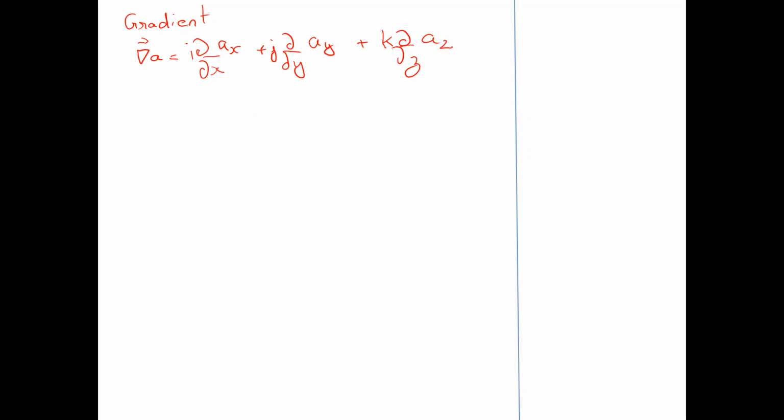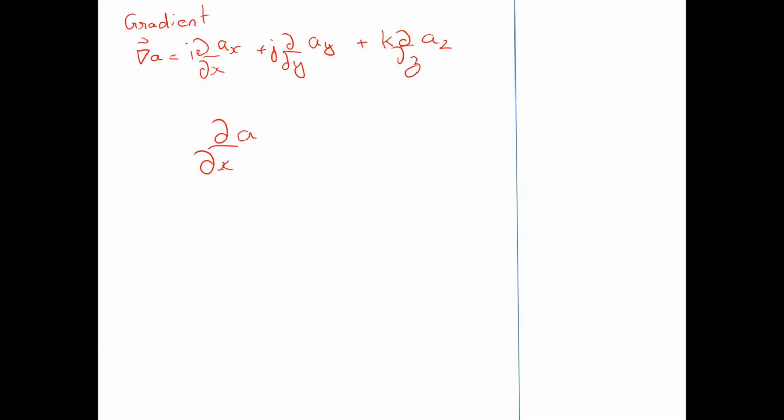Now, what this means is that this is the multi-dimensional rate of change. The resultant quantity will actually be a vector. If I remove the other two quantities and take just the x component alone, this is the rate of change of the vector A, which is the slope with respect to the x coordinate.